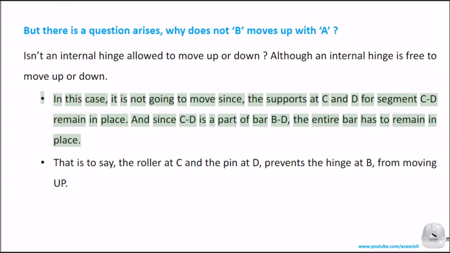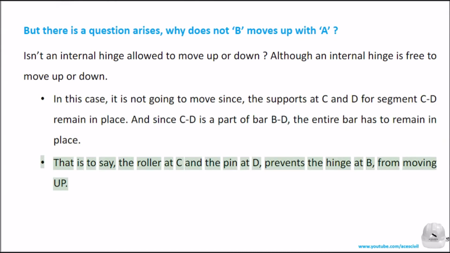And since CD is a part of bar BD, the entire bar has to remain in place. That is to say, the roller at C and the pin at D prevent the hinge at B from moving up.